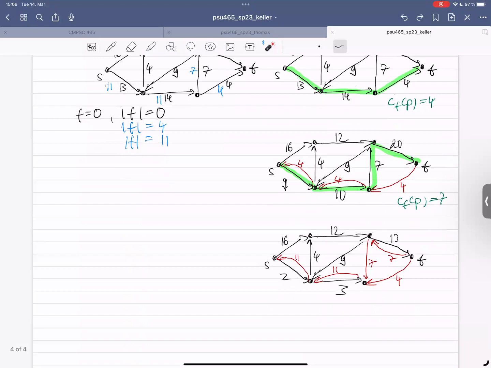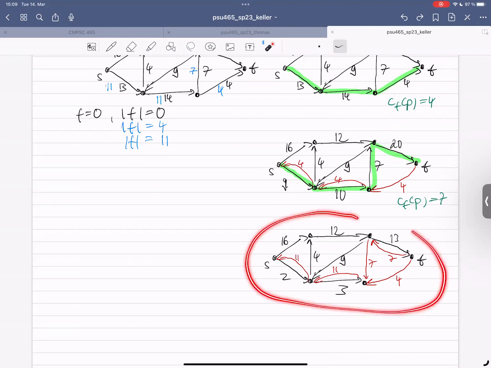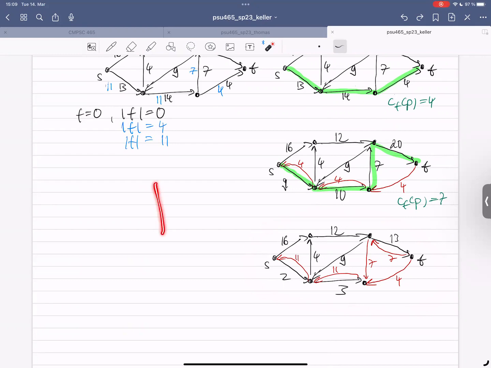So at this stage, we want to find an augmenting path, meaning a path from S to T, the source to the sink, in this new residual network that corresponds to our current flow. The value of the current flow is 11, and this is what we would like to increase. So we're looking for an augmenting path from this node here to this node.